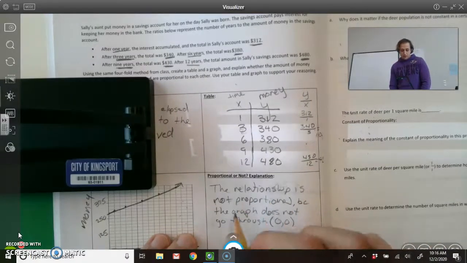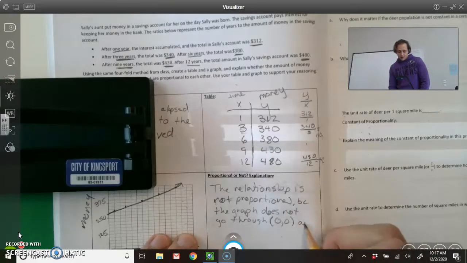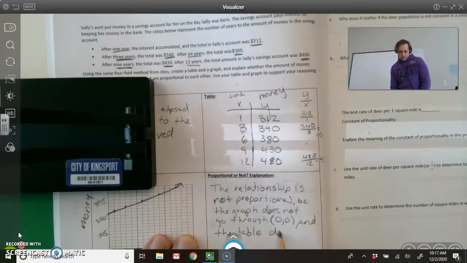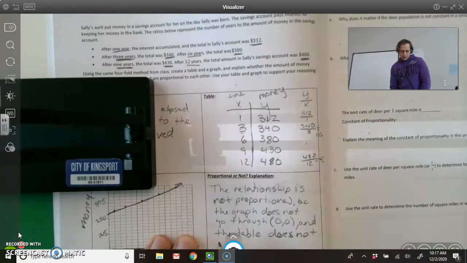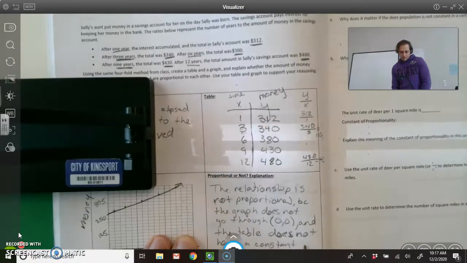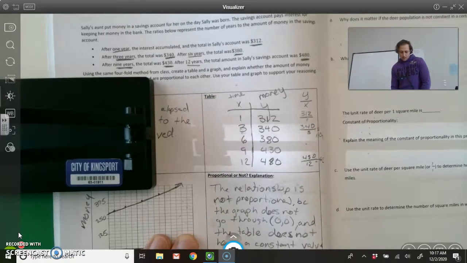The relationship is not proportional because the graph does not go through 0, 0, and the table does not have a constant value when y is divided by x.